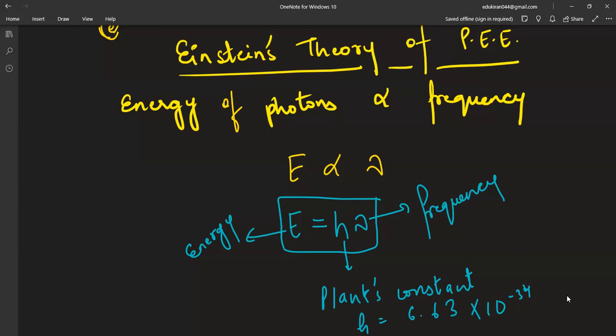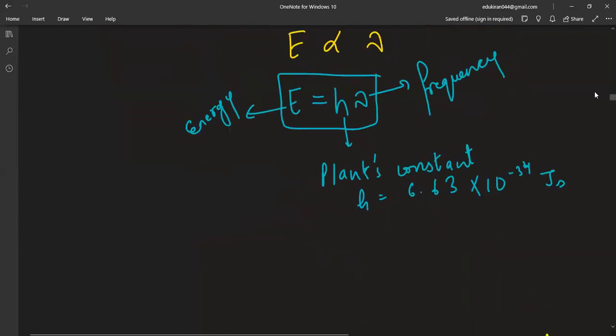And what about the SI unit? Joules seconds. Frequency is seconds inverse, so when the second goes up with the joules, it will be multiplied. So joules seconds. And one more thing: frequency multiplied by wavelength is equal to the speed of light.